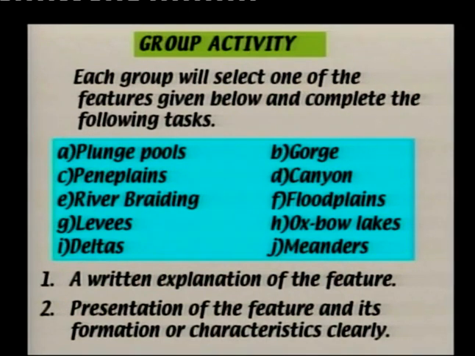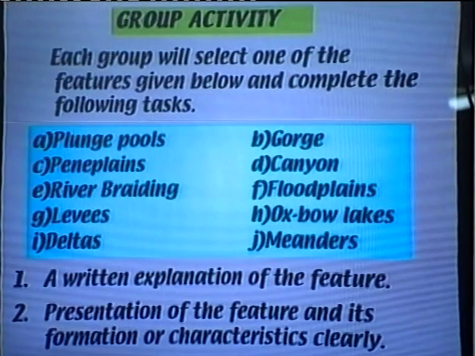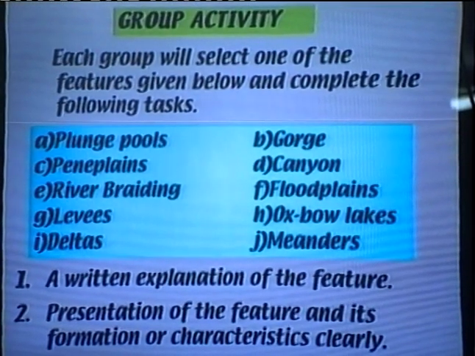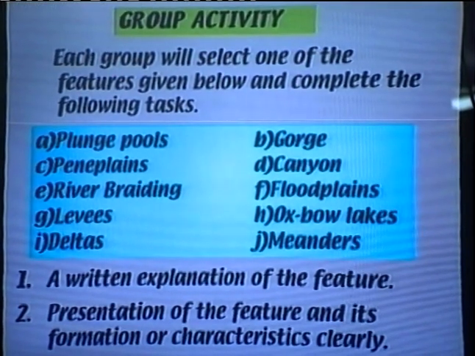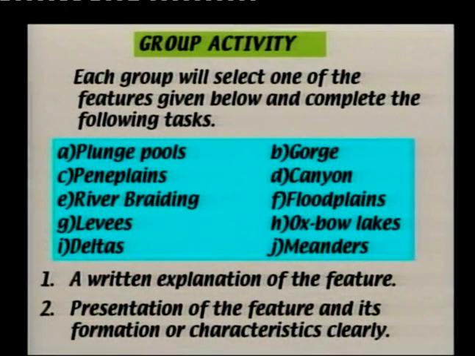For the pilot teachers, if there are other words in association with river studies that you'd like to include so that the students can work on them, you can include them. So for the class, we have 10 words: plunge pools, peneplains, river braiding, levees, deltas, gorge, canyon, floodplains, oxbow lakes, and meanders.